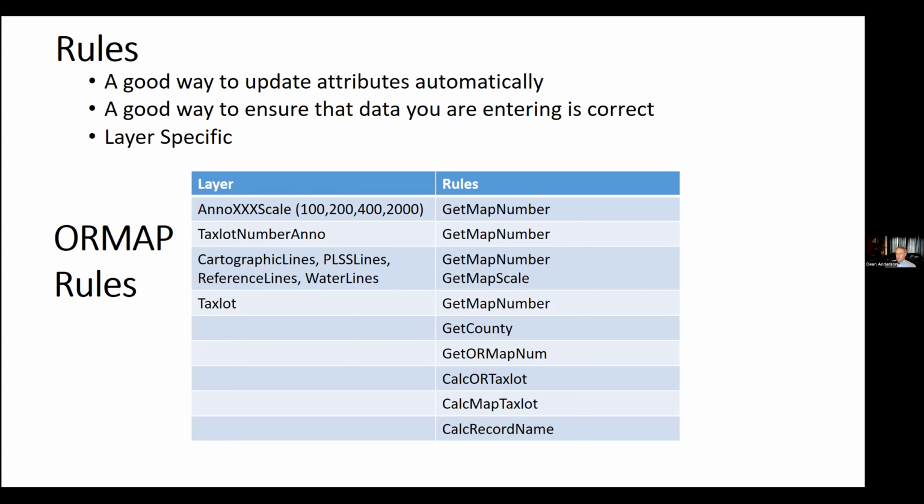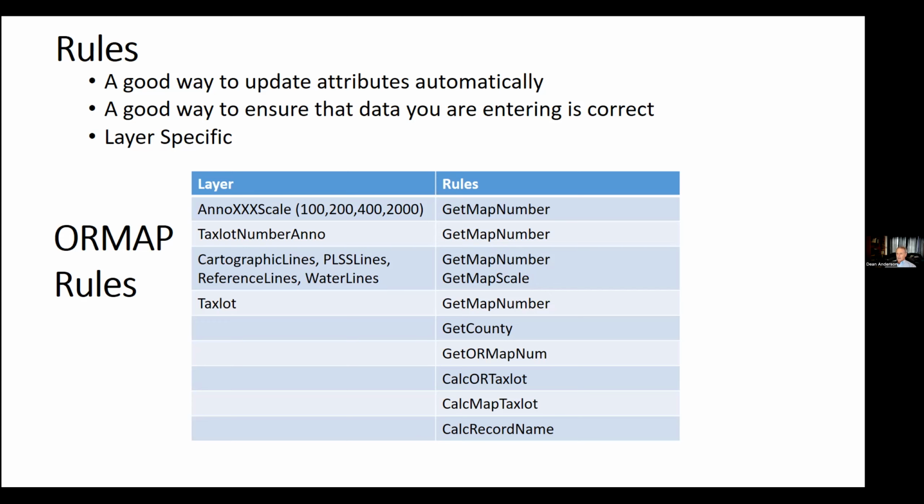And so we have a number of rules. The two principal ones we use are get map number and get map scale. Our annotation for mapping purposes, whether it's our tax lot annotation or our scaled annotation, or some of our other ancillary feature classes that we use to cartographically support the tax map, which are reference lines, water lines, PLS lines, and cartographic lines, need to know what map scale they're associated with for the underlying map for production mapping purposes.